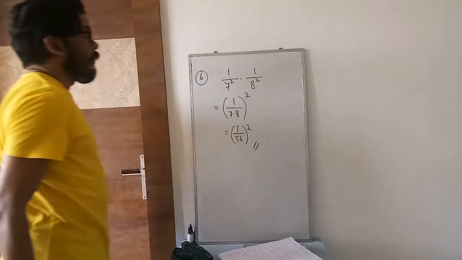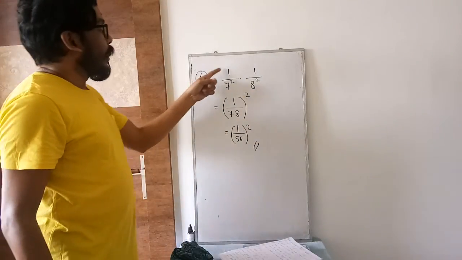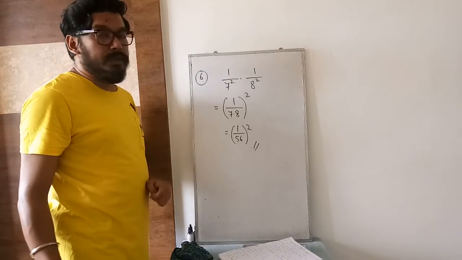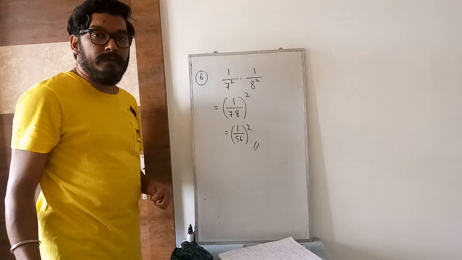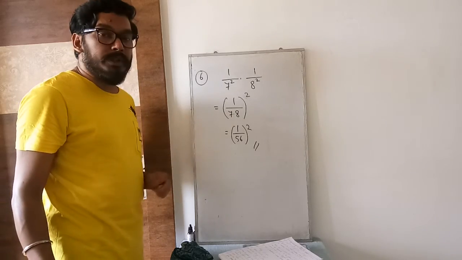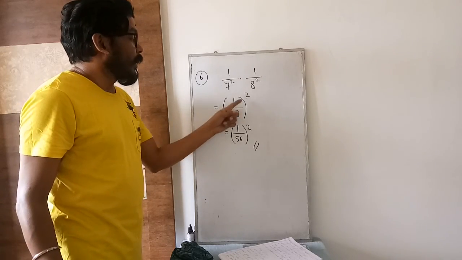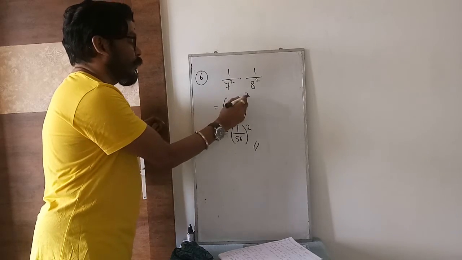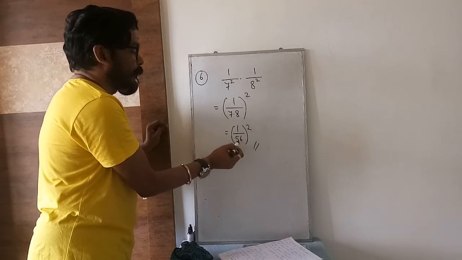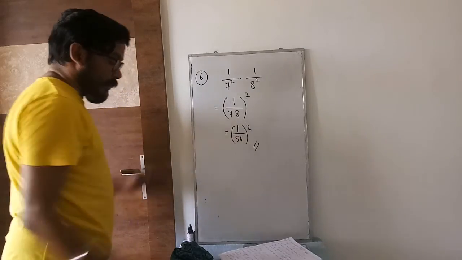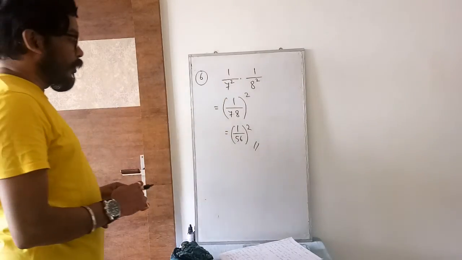Okay, I repeat again, 1 by 7 square into 1 by 8 square. So 1 1 ja 1, 7 and 8 both are having the same power, so you can put in the same bracket. So 7 into 8 as a whole you have given whole square. 1 square is 1 only, and 7 into 8 is 56 whole square. So take the screenshot. Okay, hope you have understood.